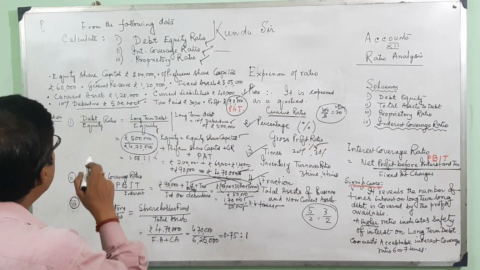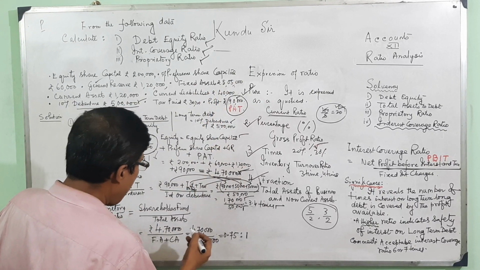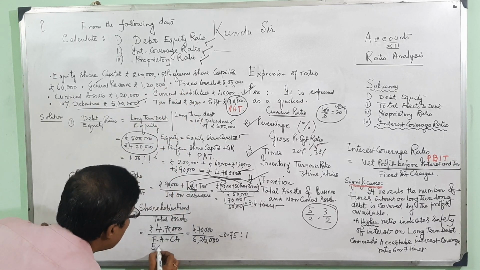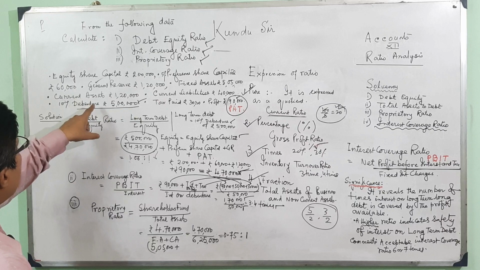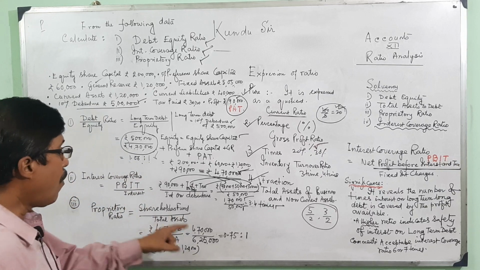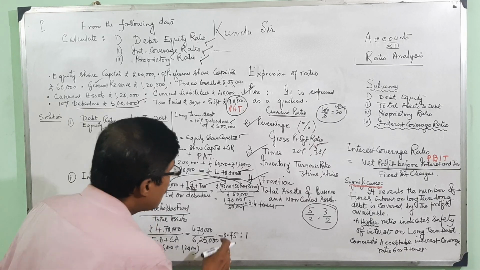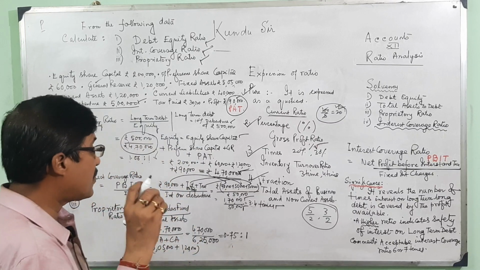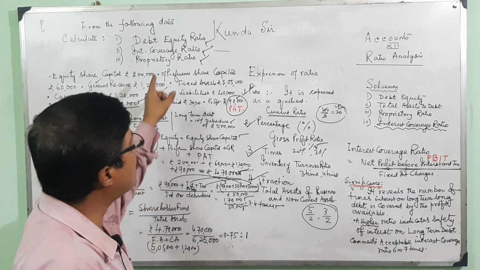Fixed asset is 5,05,000 and current asset is 1,20,000. So 4,70,000 upon 6,25,000 gives 0.75 by 1. So 0.75 to 1 is the proprietary ratio of this organization.